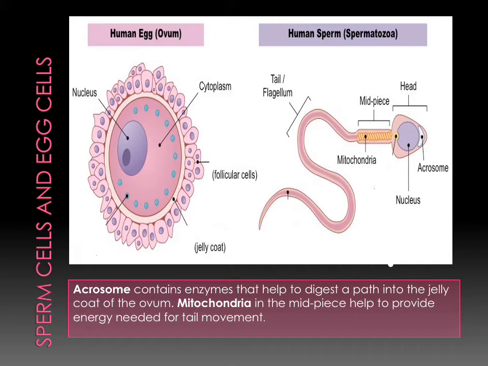But then the cell inside the ovary is surrounded by a follicle. A follicle is like a cover, and these follicle cells help the egg cell to become bigger and help it to become mature. So all the egg cells in a female's ovary are small and they're not mature.